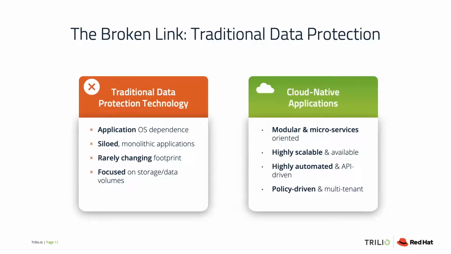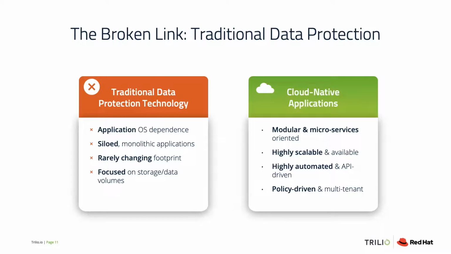Firstly, it's important to understand why a new style or a different data protection product, right? Kubernetes as a platform is very different architecturally. It doesn't follow the same legacy VM-based architecture, no monolithic applications. The applications are highly scalable, automated, and change their footprint very often.